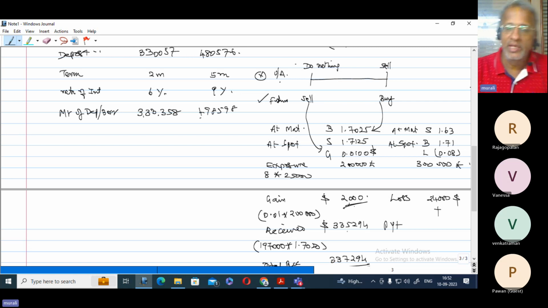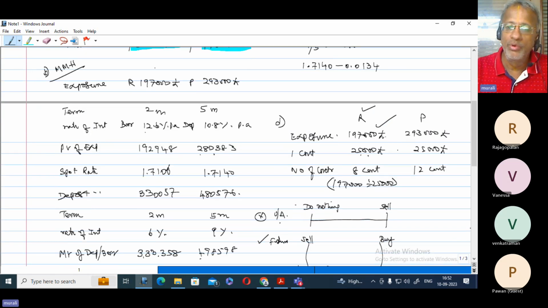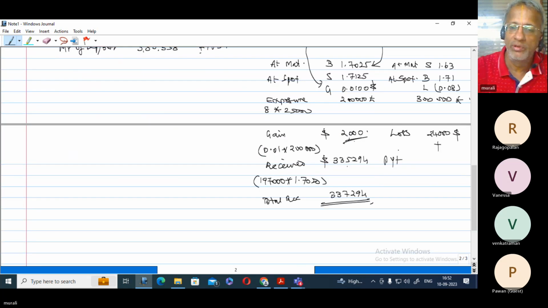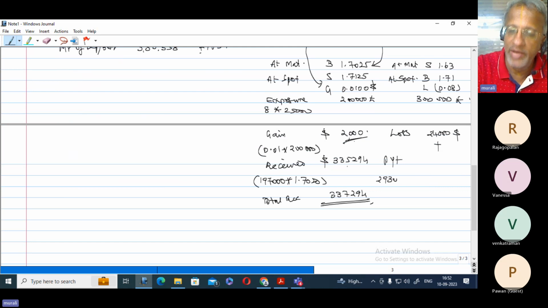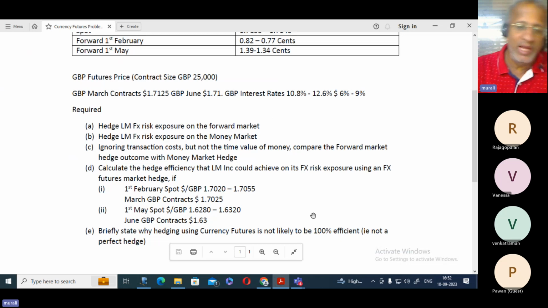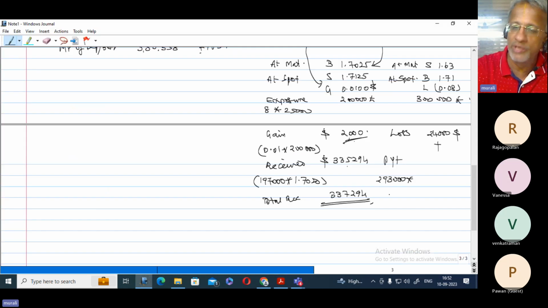So here it is going to be for 293 pounds. Sorry, 293,000 pounds multiplied by what rate we are expected to take up. We are expected to take up the offer rate 1.6320. 293,000 into 1.6320 comes to 478,176.